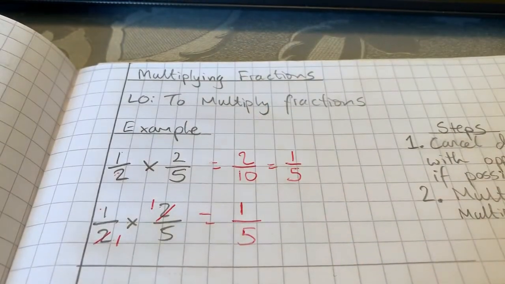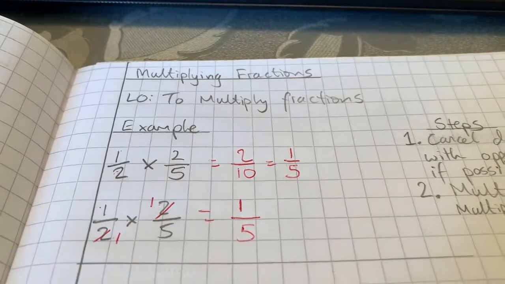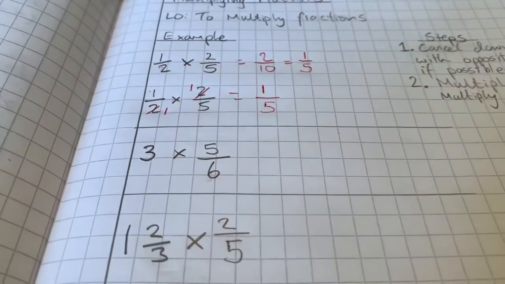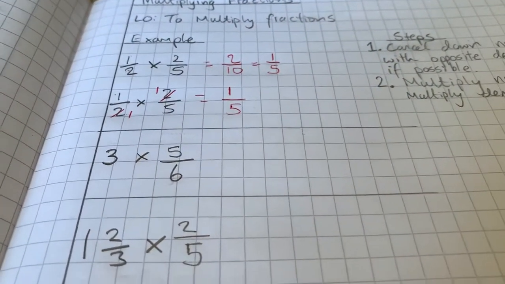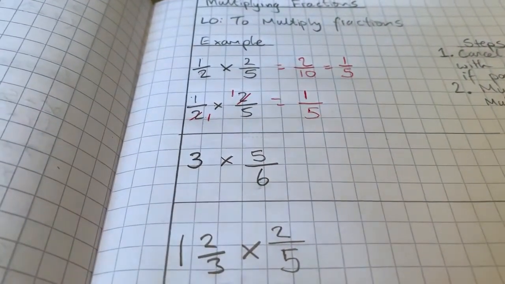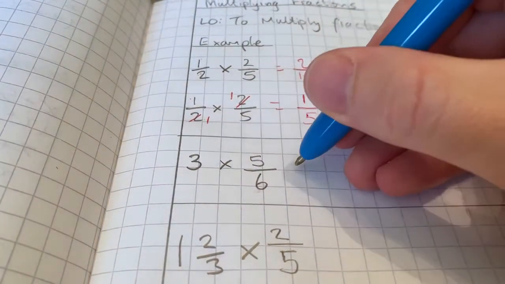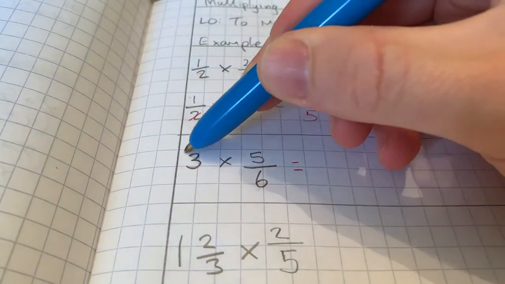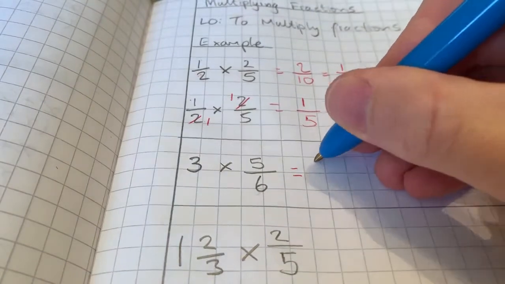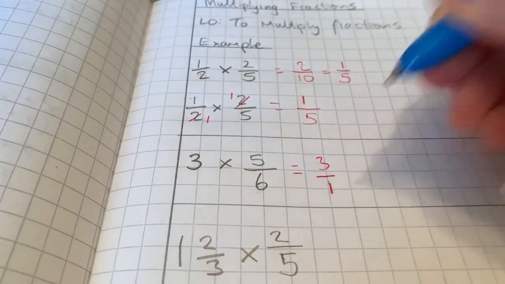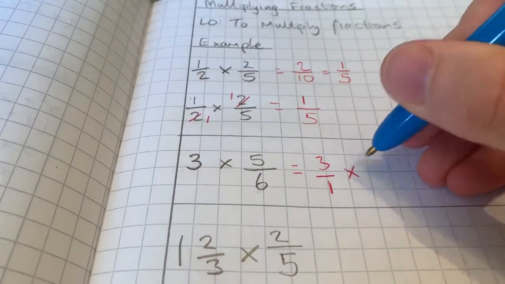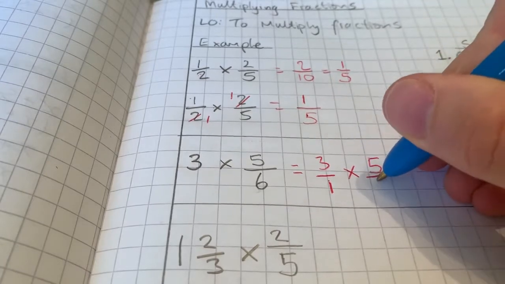Okay, now I've got a couple more examples, just to show you quick. So that's how it works. So I've got 3 times 5 over 6. It's just knowing that if you've got 3 on its own, that actually means 3 over 1. So we times that by 5 over 6.